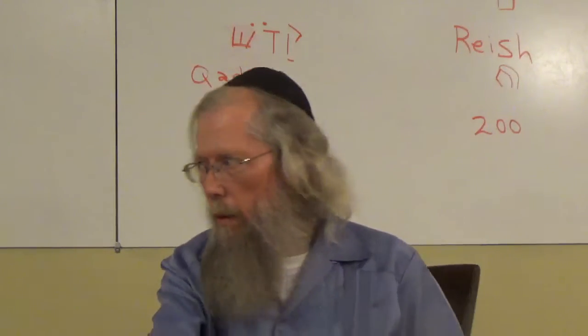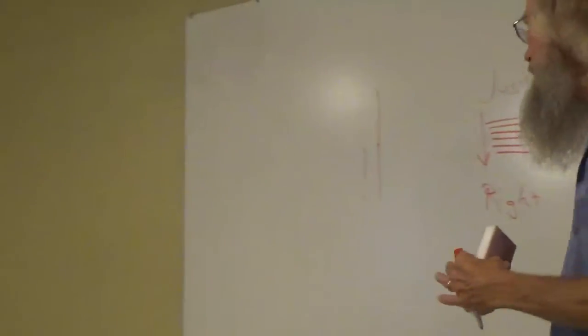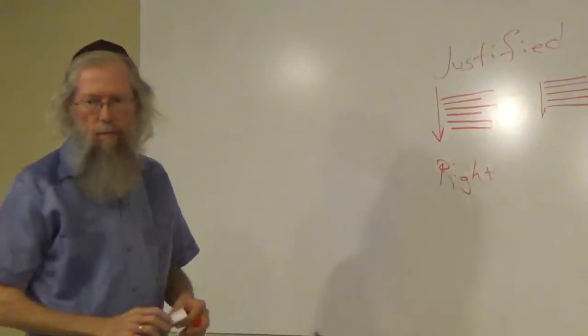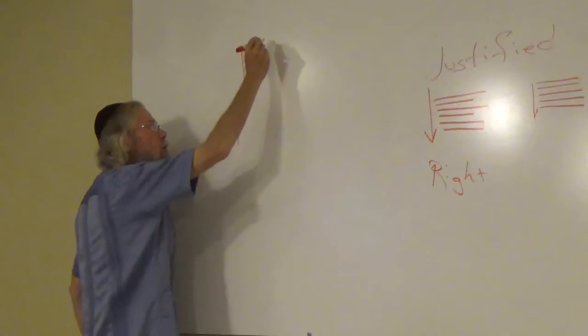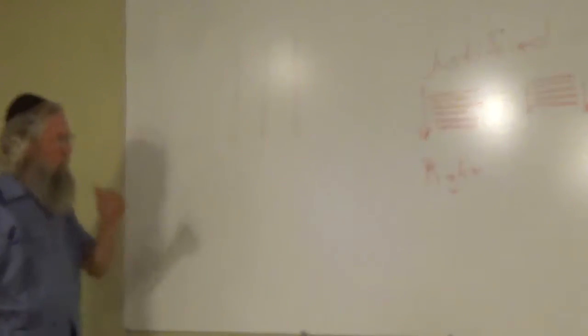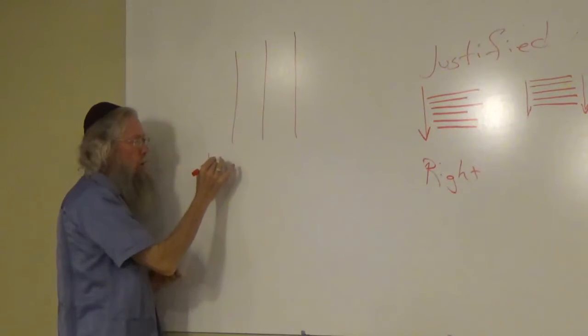Do you remember how many pillars there are on the tree line? Anybody remember? Three pillars. So you have three pillars on the tree of life, and all the attributes are on one of these pillars. So the left pillar is called the pillar of judgment.